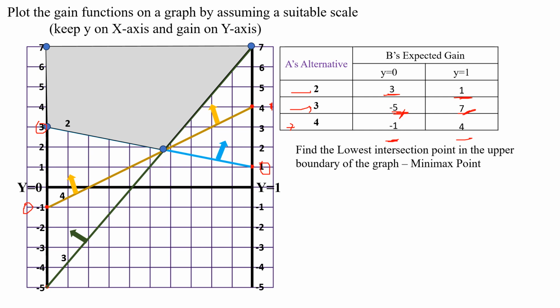In the upper boundary, we have to mark the lowest intersection point. So this is the lowest intersection point, and we call this point the minimax point.